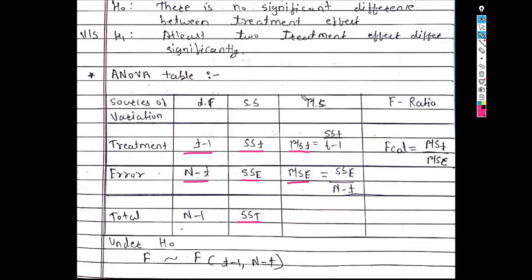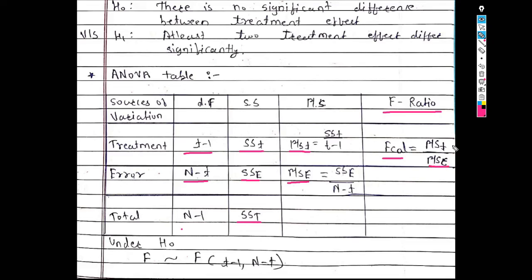With the help of these mean sums of squares for treatment and error, we get the F ratio or variance ratio, that is the test statistic value. The test statistic value is denoted by capital F, or F calculated, and it is defined as MST, the mean sum of squares due to treatment, upon MSE, the mean sum of squares due to error.